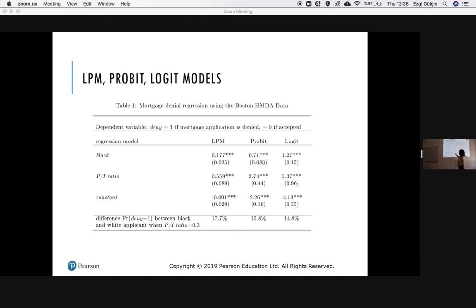But here I also reported directly the difference in the predicted probability when the payment to income ratio is equal to 0.3 between black and white applicants, and the differences, as you can see, are not very different between the probit and the logit model.